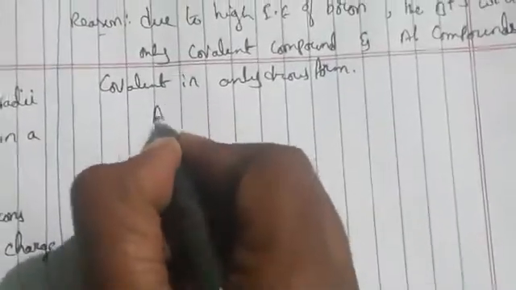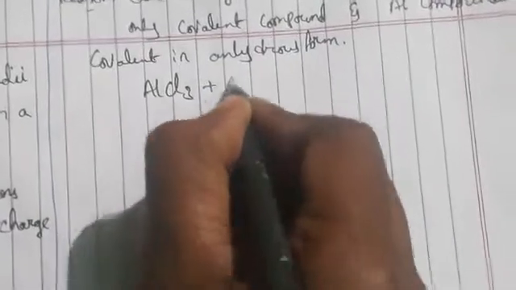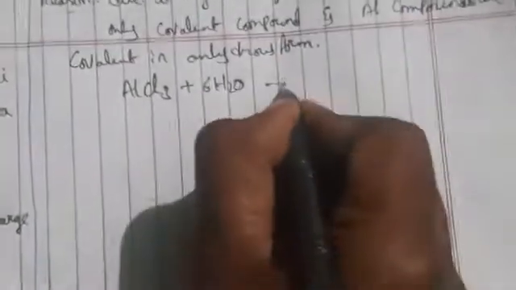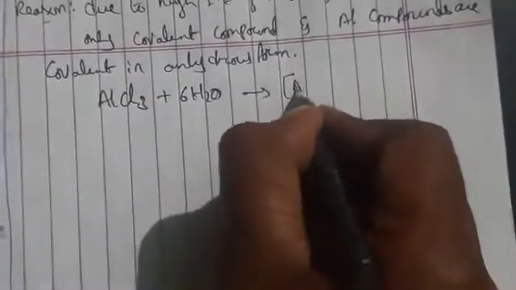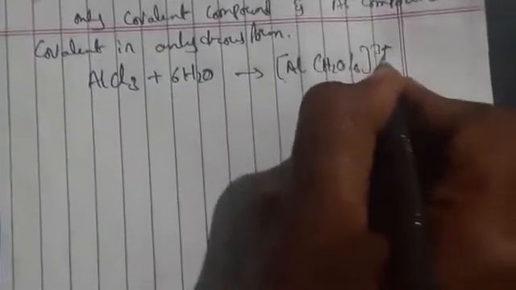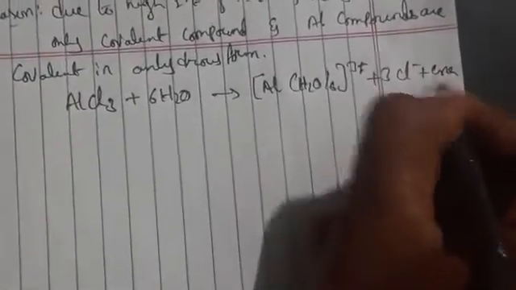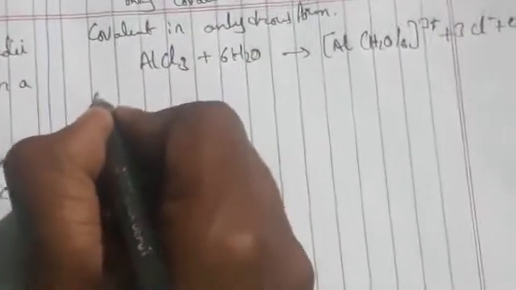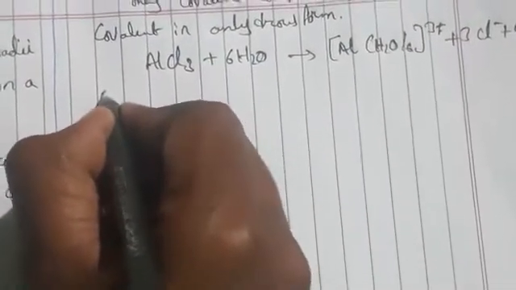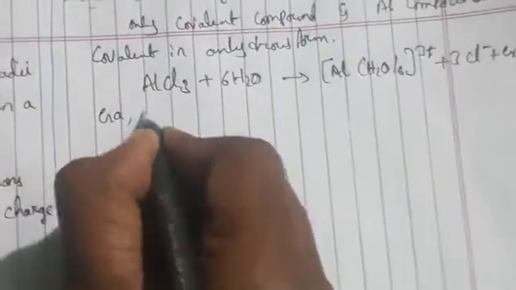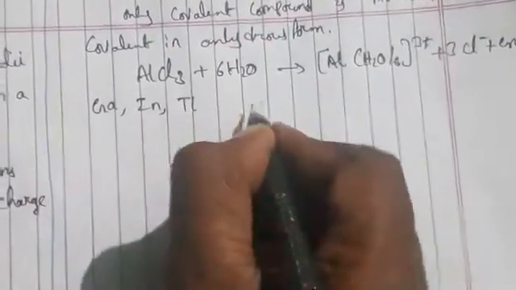If you take AlCl3 plus 6H2O, it will form automatically [Al(H2O)6]3+ plus 3Cl minus, and some energy is released. And also if you take gallium, indium, thallium, what will they exhibit?